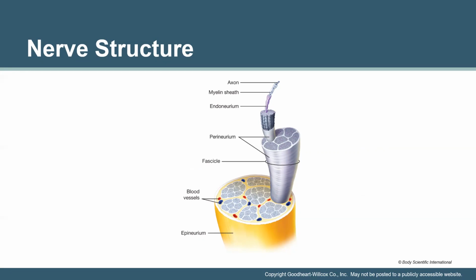You will have multiple of these collections of axons in a bundle called a fascicle. The fascicle will also be wrapped in perineurium. You will have multiple fascicles encapsulated within connective tissue called epineurium. That is a nerve. Within that epineurium bundle, when you have the multiple fascicles, also in between them, we're going to see blood vessels.